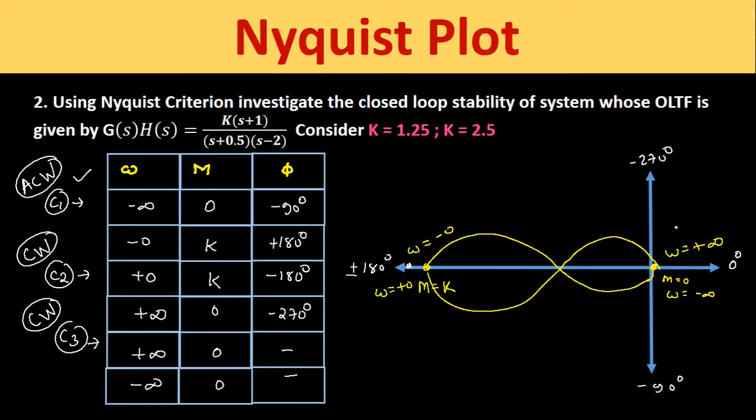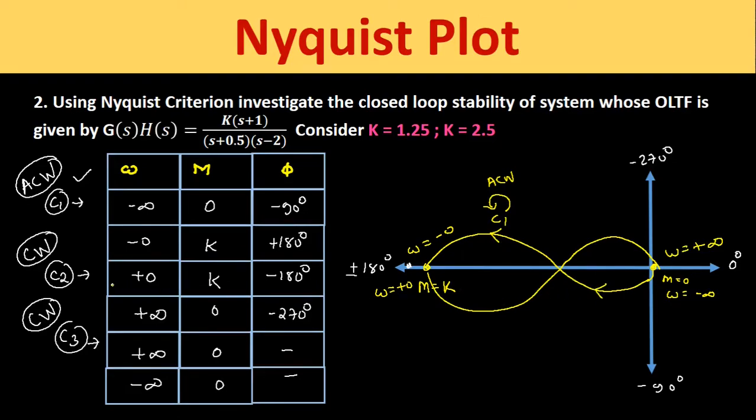Now we have to see the direction of the plots of C1 and C2 section. For C1 section, the plot should rotate in the anti-clockwise direction. So this is our anti-clockwise direction. First plot of C1 section will rotate in the anti-clockwise direction like this.